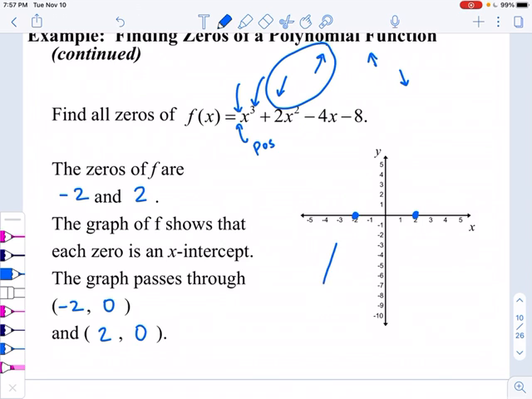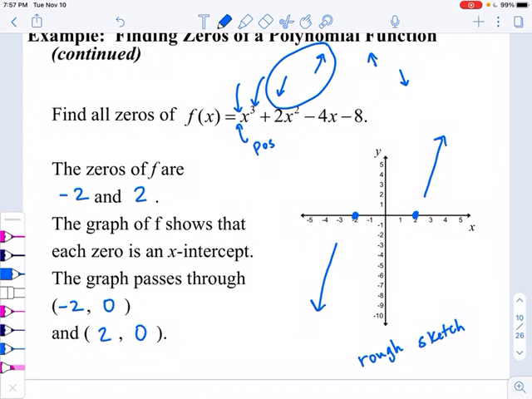So this is going to go down to the left, and it's going to go up to the right. And again, we're just going to do a rough sketch. As we continue on, we will get a little bit more detailed with all the little pieces.